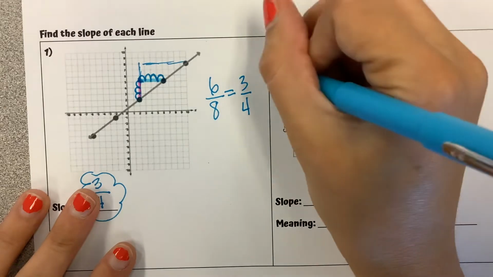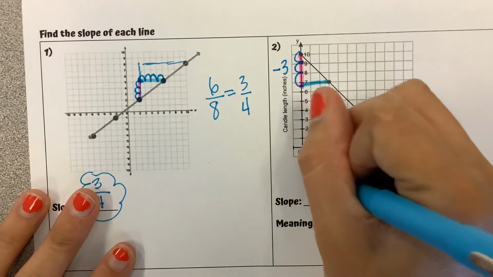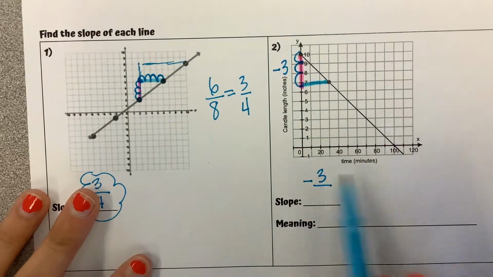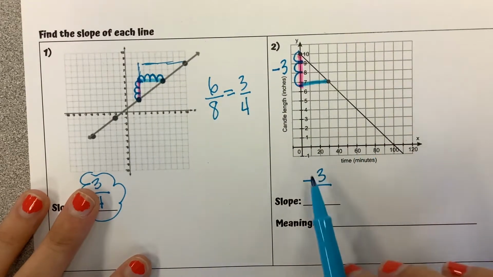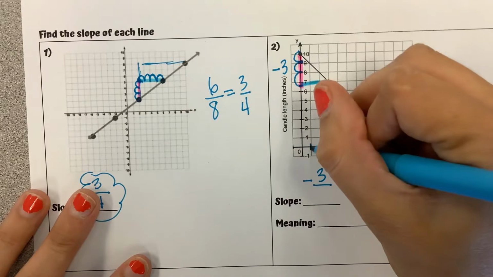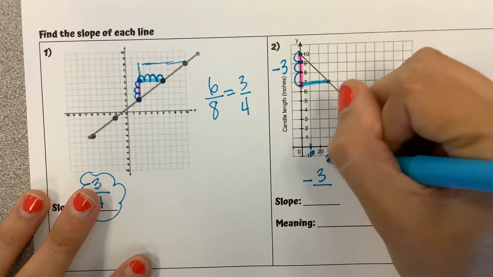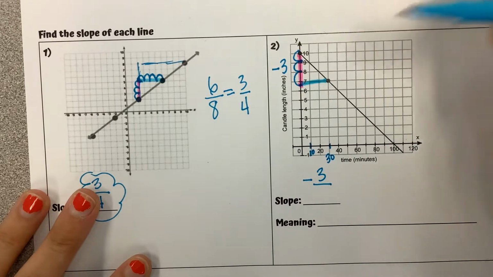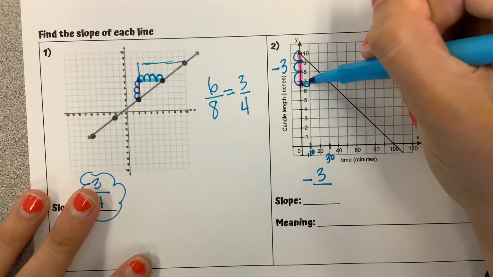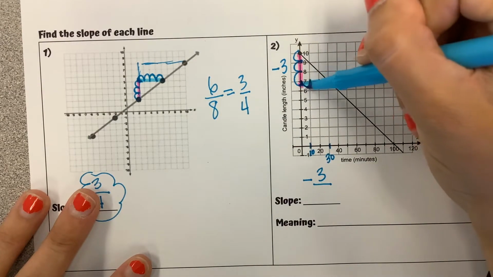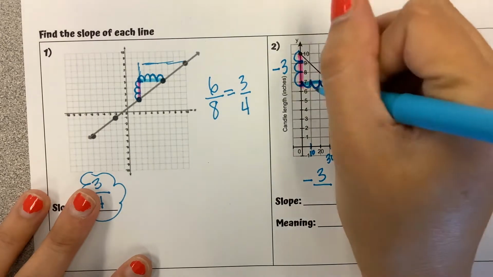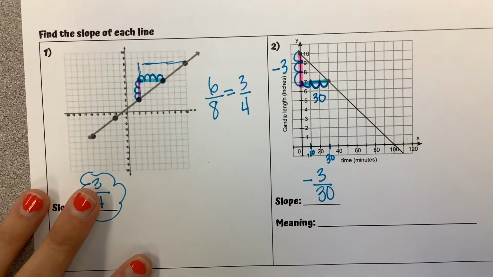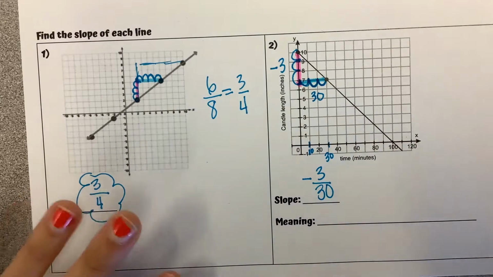But we're going down, so I'm going to write that as -3. For our x-axis, we have to be a little bit more careful because each tick mark is representing 10. We've got 10, 20, 30, 40, 50, and so on. So as I'm going over, this isn't 1, 2, 3, it's 10, 20, 30. So we get -3 over 30.